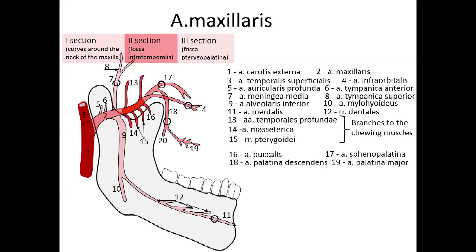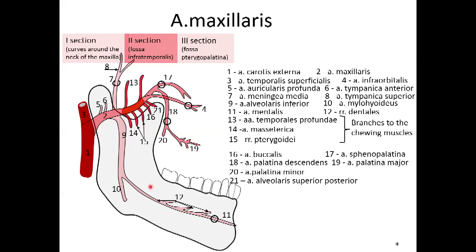And again, I'd like to say about one interesting vessel, which is between the third and second section, here number 21, arteria alveolaris superior posterior.